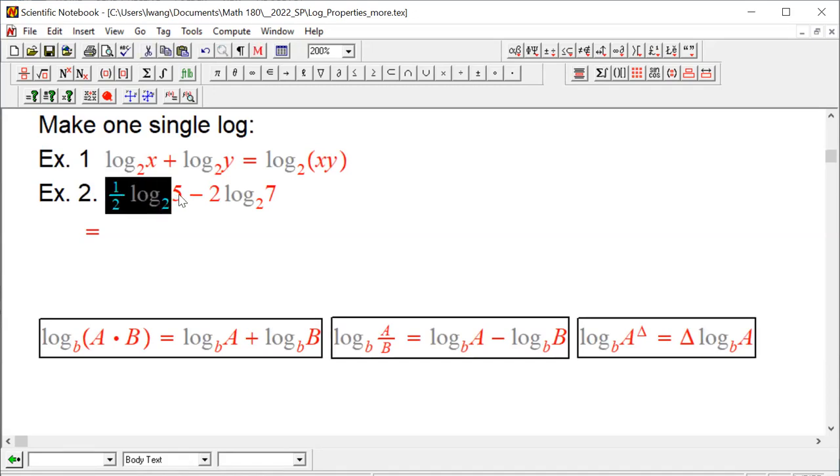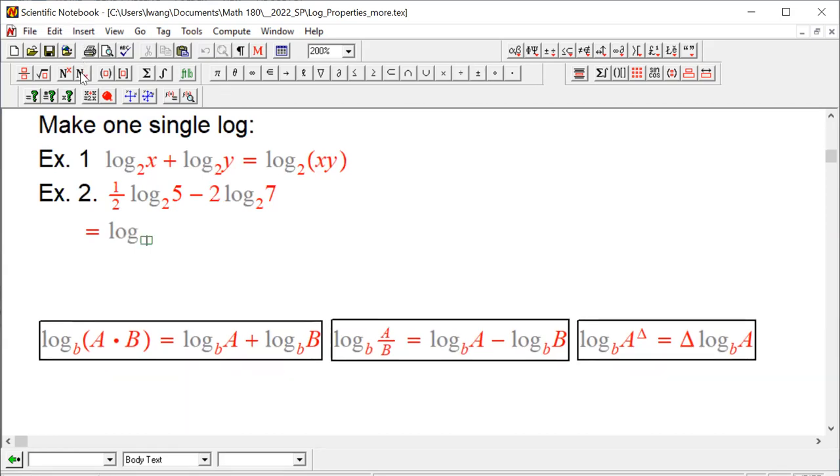This one obviously needs us to apply the power rule. We bring the half, which is the power, in front inside the logarithm, and it becomes the power. So now this is log base 2 of 5 raised to the power of half.